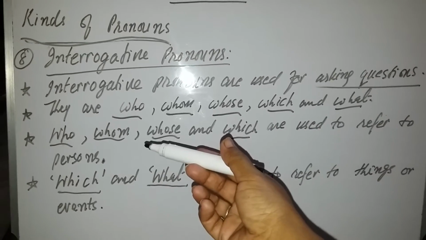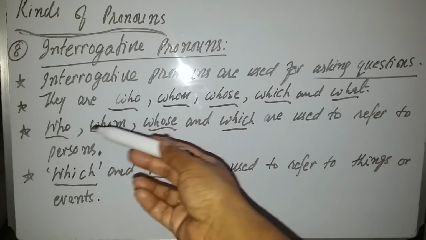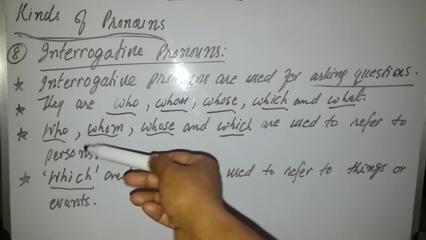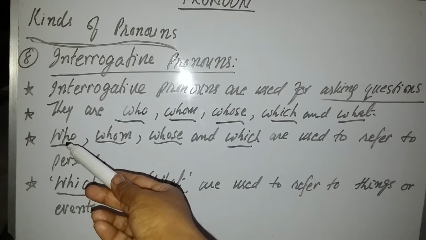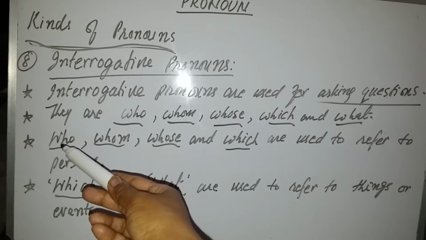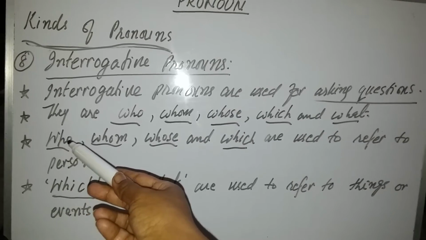These are used for asking questions. In the answer you will use a noun. For example, if someone asks who is sitting in the classroom, you can say that a student is sitting in the classroom. So instead of who, you used student, that is a noun.